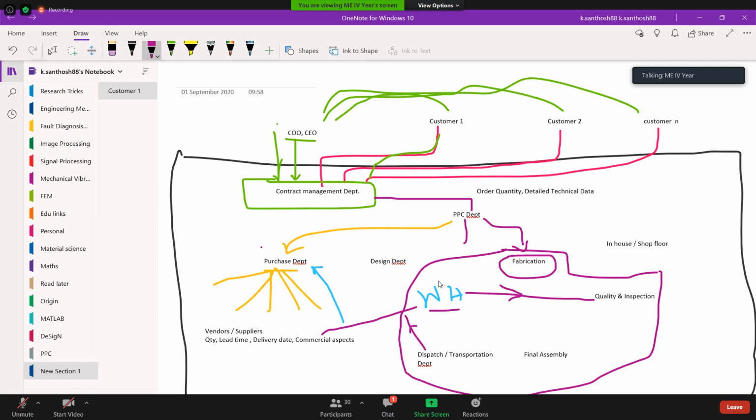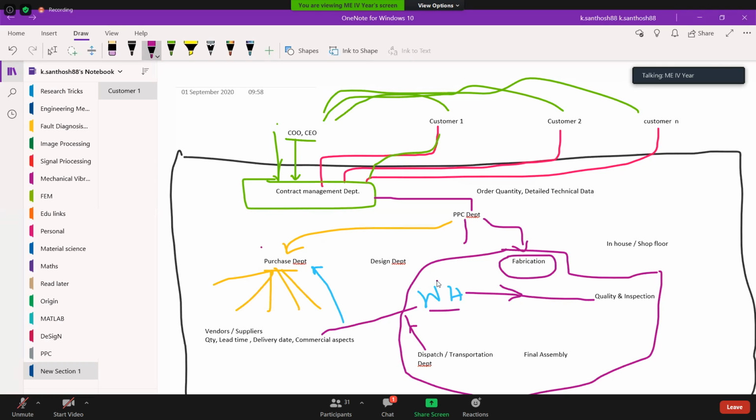So after that, if there is any error or deviation after receiving, see, I need a 10 centimeter shaft, but I received 9.98. Okay, so there will be a tolerance of 0.2.